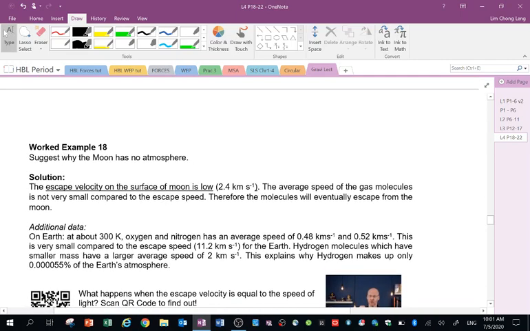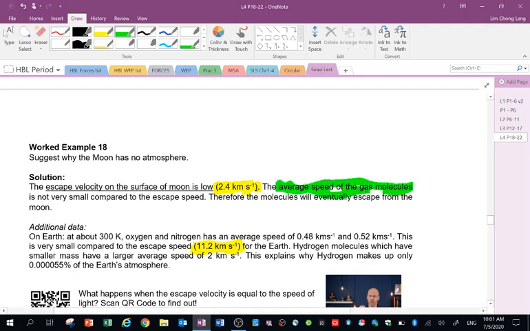Worked example 18 suggests why the moon has no atmosphere. Now we know that the moon has a very low escape velocity, which is 2.4 km per second. Compare that with Earth. You see, Earth has an escape speed which is much higher than that of the moon. Every molecule has a certain speed, so we will take the average speed of a molecule.